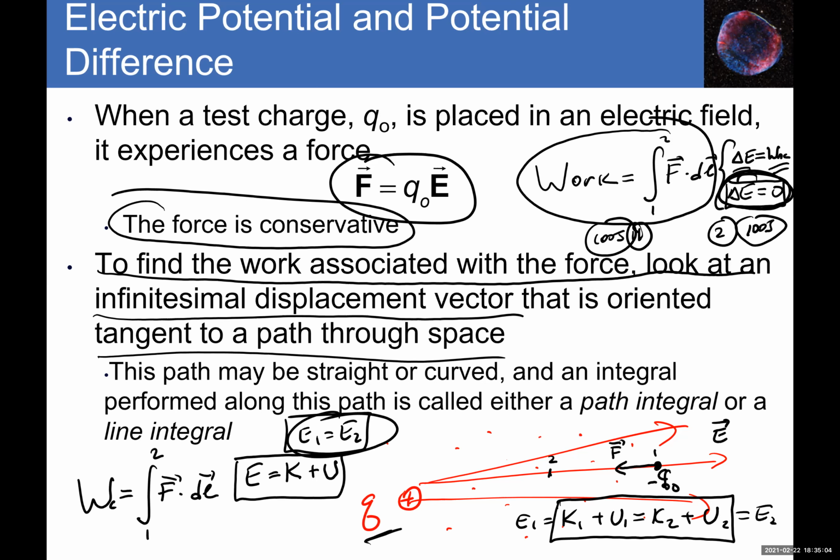Instead of talking about force pushing and pulling and making the object have a displacement, we can talk about there was work done. That's why the object went from point one to point two. That means scalar quantity information can be used to calculate pretty much the same type of information, but in a much simpler way, because it's always easier to work with scalars.